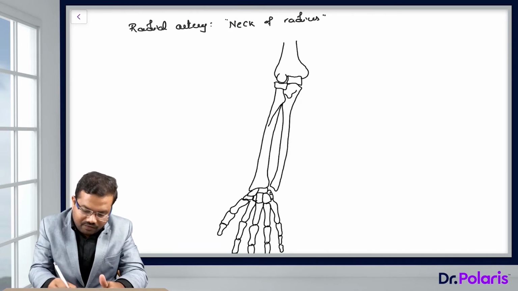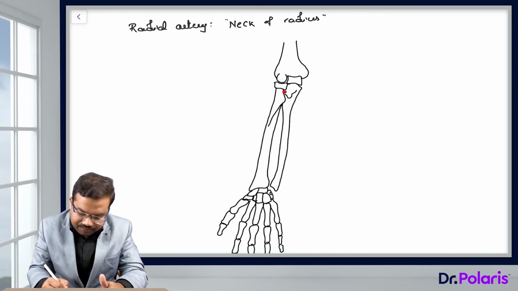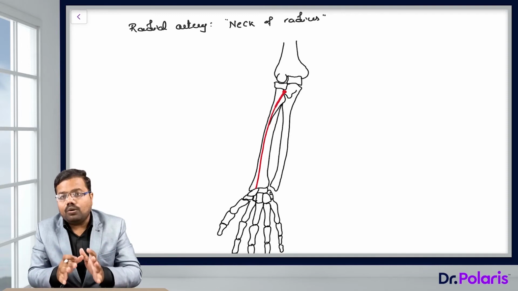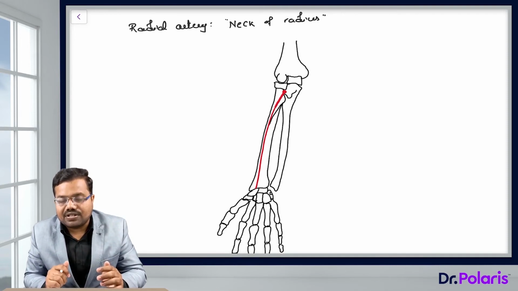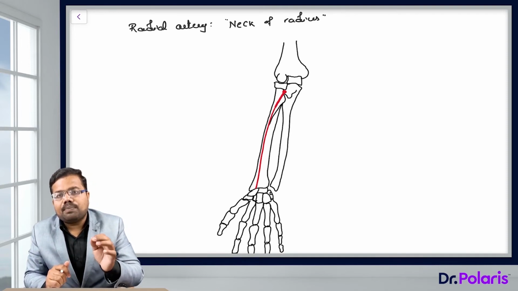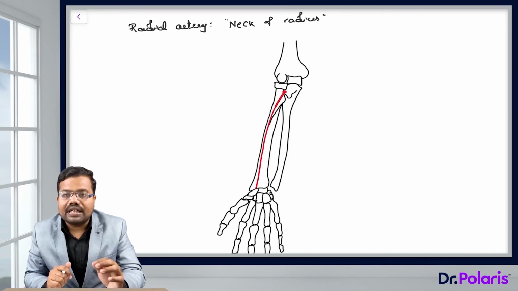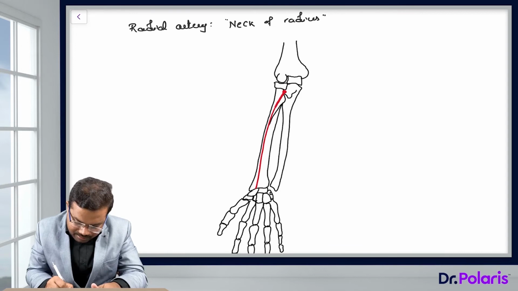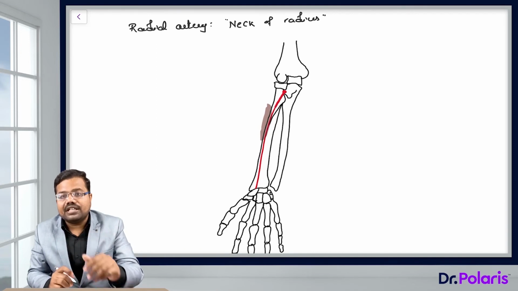From that level of the neck of the radius, somewhere here, it will be descending downwards over the radius, and throughout the course of this radial artery, it is partially overlapped in the initial parts by the brachioradialis. So let's imagine this is the brachioradialis muscle, partly overlapped by the brachioradialis only in the initial parts.